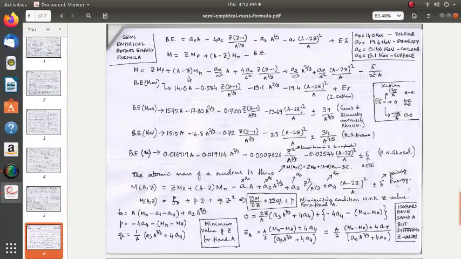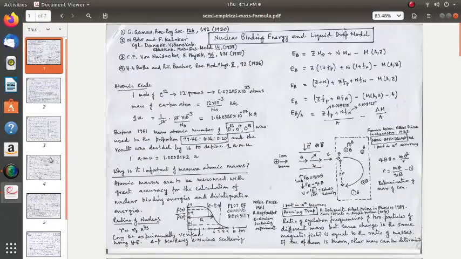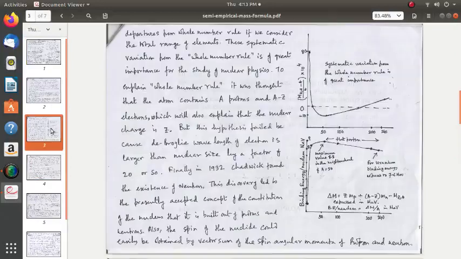So finally the binding energy: this is the volume contribution, this is the Coulomb contribution, this is the surface contribution, this is the symmetry contribution, this is the pairing contribution. So there are 1, 2, 3, 4, at least 5 coefficients to be determined from experimental values, but you see that there are a large number of points in this binding energy curve.